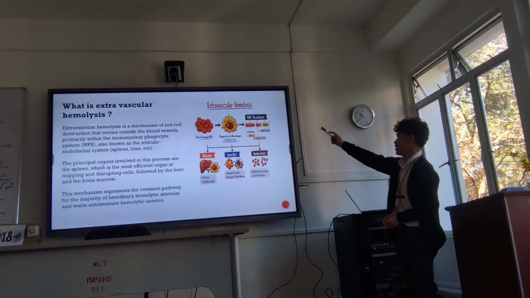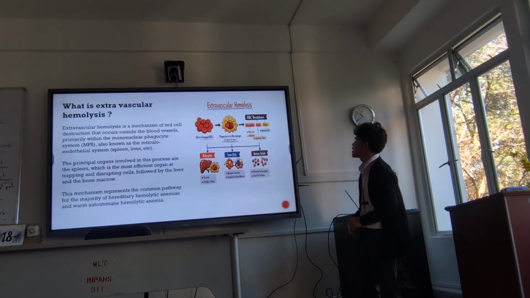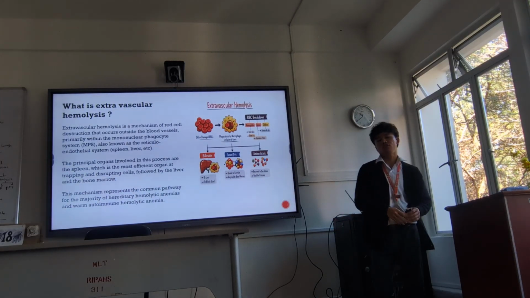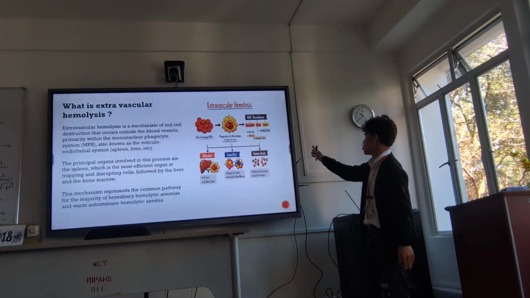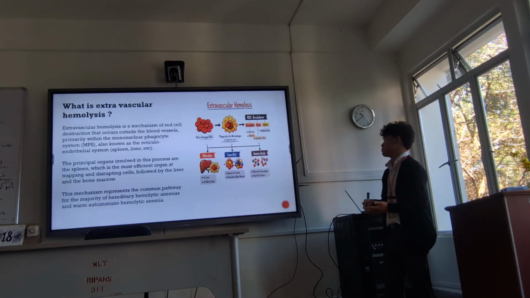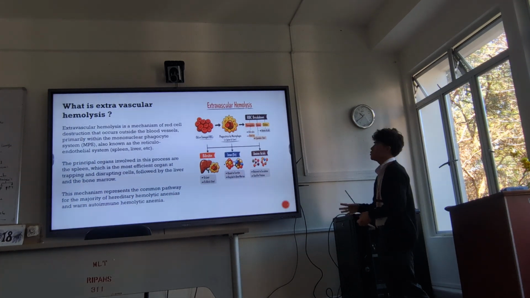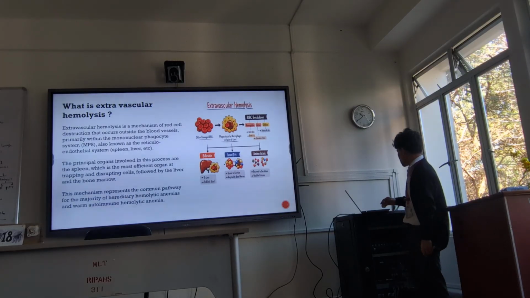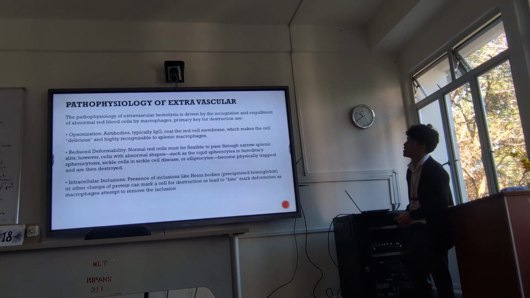As you can see here, all the damaged RBCs are phagocytosed by macrophages, which will eventually lead to RBC breakdown. Hemoglobin is the product of RBC breakdown. Nice diagram.